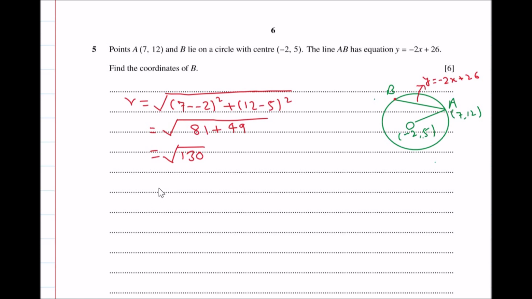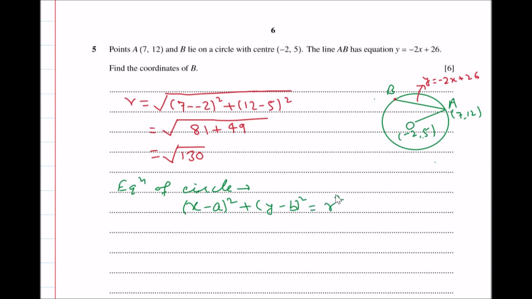Now we have to write the equation of the circle, and we know that the equation of the circle is given by (x minus a) whole square plus (y minus b) whole square is equal to r square.